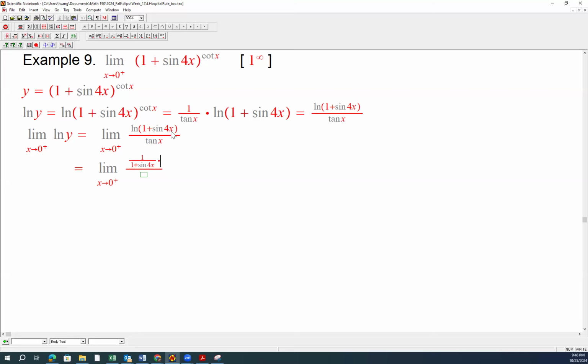The derivative of sine 4x is cosine 4x, and then we differentiate 4x, which gives 4. So we use the chain rule on ln x. So that's the derivative of the top.